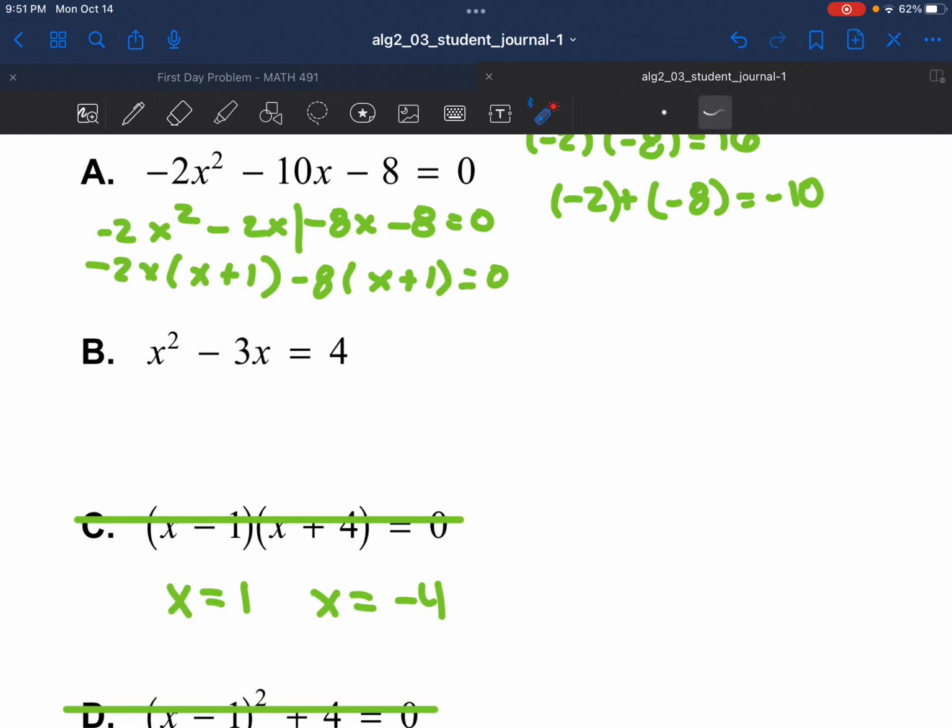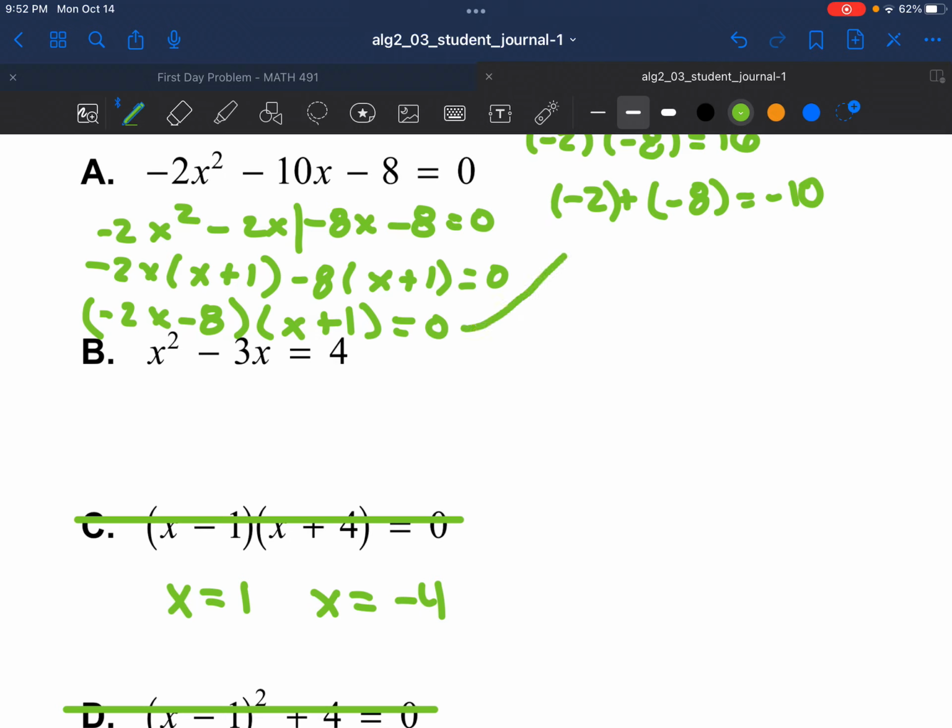What I'm doing is factoring it out, but if you wanted to check your work, all you have to do is redistribute that negative 8 and you'll get back to where we started. Same thing on this side, you redistribute the negative 2x and you end up back where we started. So this is going to be negative 2x minus 8 times x plus 1 equals 0.